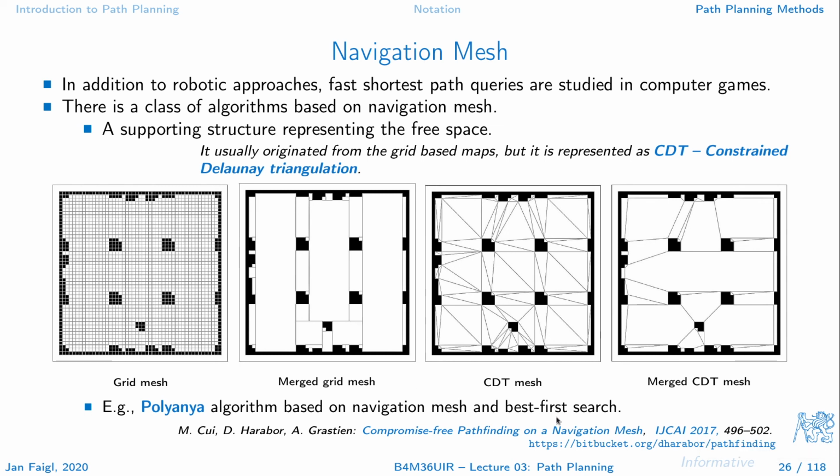This is a relatively fresh algorithm, and you can find the implementation available. So this is again informative and shows the current trends. We have very old methods like the visibility graph, and still this is an active field to find a suitable solution, in this case mostly motivated, for example, by computer games.